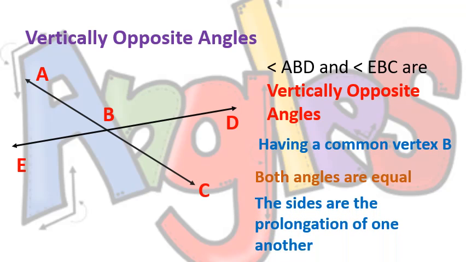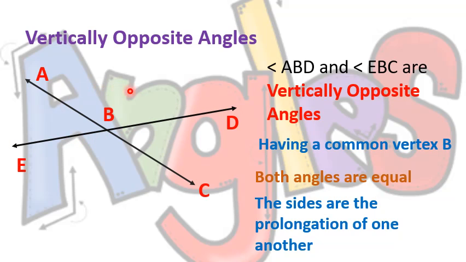Now, the sides are the prolongation of one another. What do you mean by that? If this side of the angle is a prolongation of this side of the second angle, and this side of the first angle is a prolongation of the side of the second angle, as you can see.